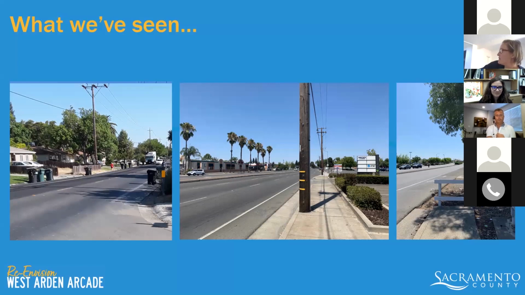To the middle image, where someone is trying to navigate utility posts sited within sidewalks. To the image on the far right, where sidewalks in certain areas within the project's area and just adjacent to it just end, and it's not accommodating to people who want to walk here.